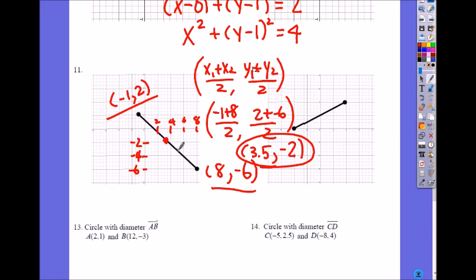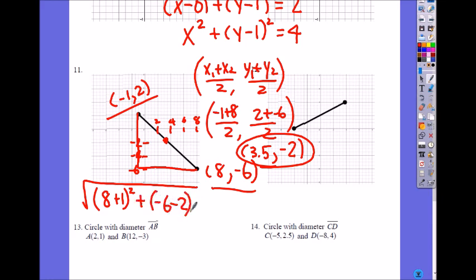So how do you find the distance of the diameter? You can use the distance formula or just use the right triangle, which is basically the same thing. If I use the distance formula, it is x1 minus x2, so it's minus 1, so I'll just plus 1, plus (y2 minus y1) squared.